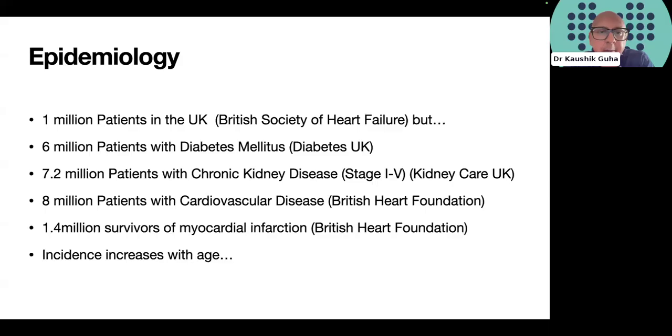It can be found with other common mediators of cardiovascular disease. And if we look at our current burden of disease for other patients outside of cardiology, we can see that we have currently 6 million patients with diabetes mellitus from Diabetes UK. We have almost 7 million patients with chronic kidney disease of various stages from Kidney Care UK. And the British Heart Foundation states we have 8 million patients with cardiovascular disease.